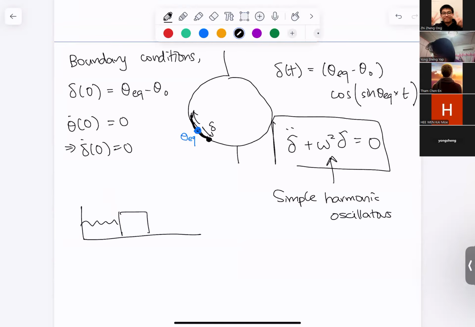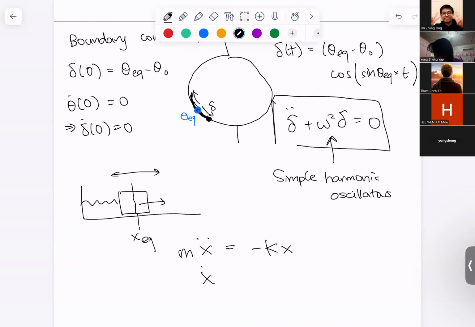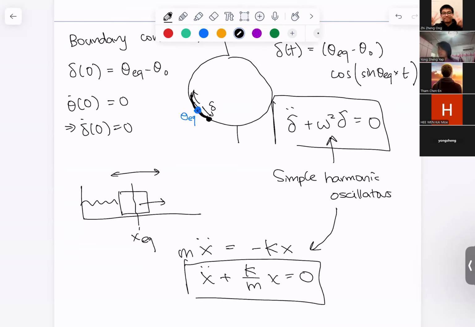If this box has some equilibrium point and you push it away, then it starts to oscillate, and you say that mx double dot equals negative kx, or x double dot plus k over m x equals 0. It's the same simple harmonic oscillator equation, and it comes out naturally just by seeing what the dynamics are when you displace the system out of its equilibrium.